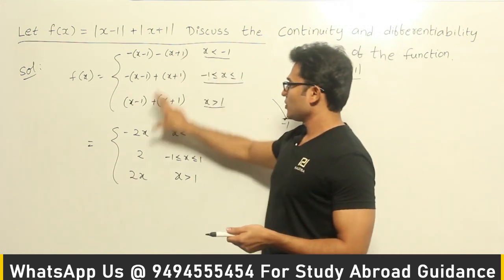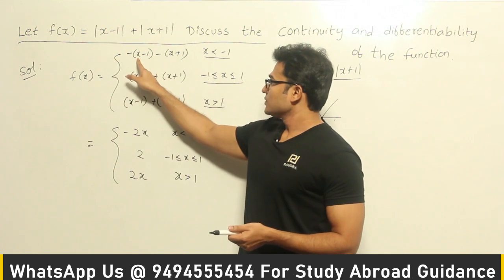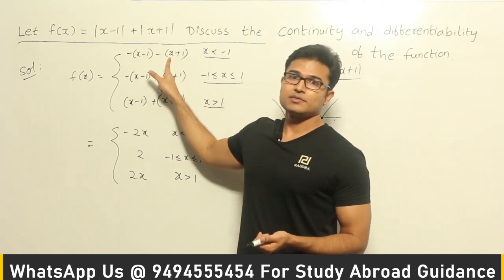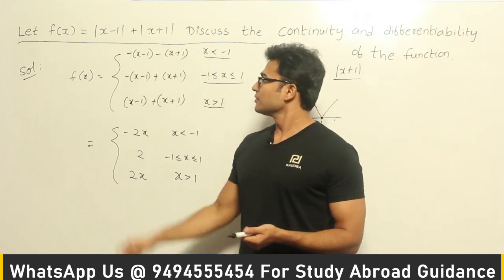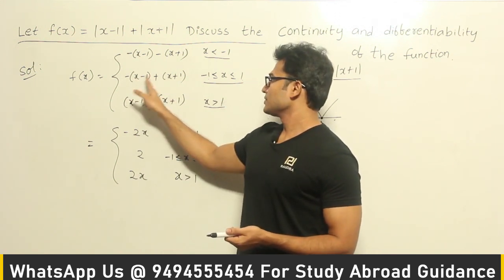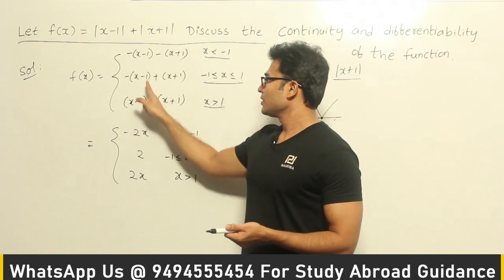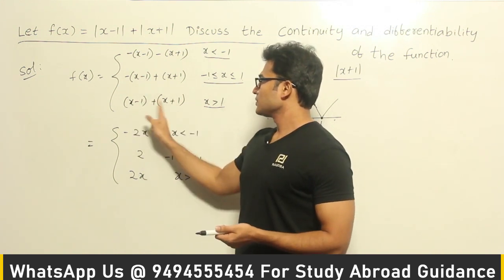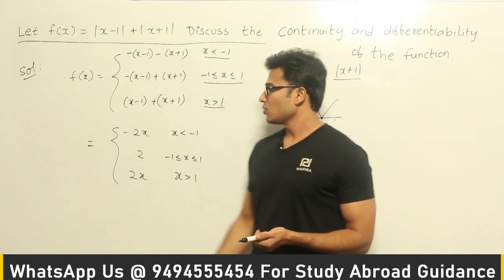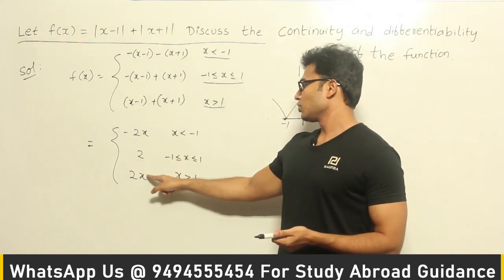Now if you simplify them, you get minus x minus x, which means minus 2x, and plus 1 minus 1, they get cancelled away. And what about here? Minus x plus x cancel away, and 1 and 1 give 2. And what about this? 2x. Got it? So I got minus 2x, 2 and 2x.